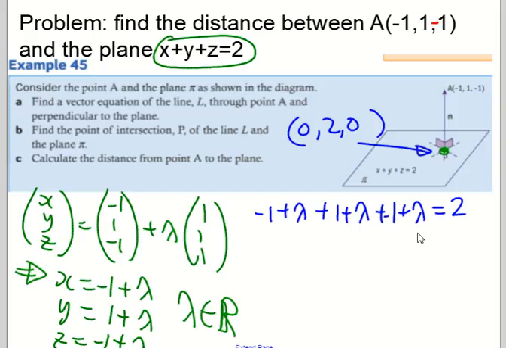And in doing so, we can calculate the coordinate of where this line meets the plane, 0, 2, 1, and therefore calculate the distance. I'm going to leave you to finish that. Think about it. It's example 45 in the book.